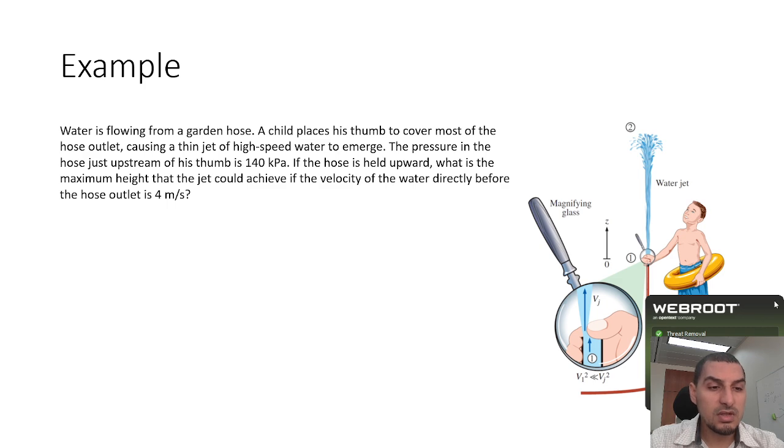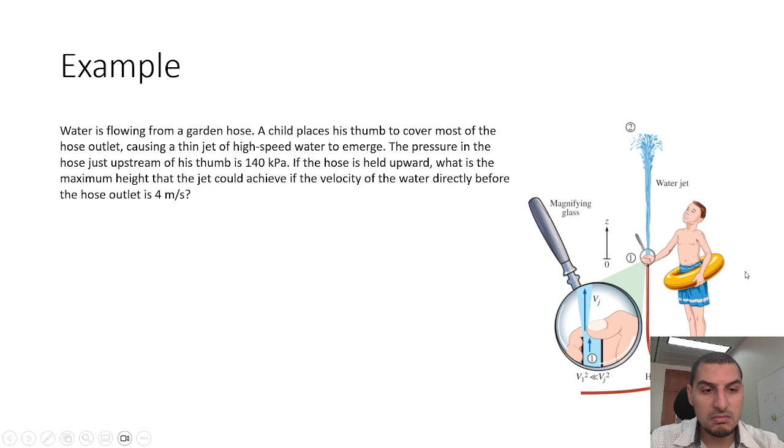One thing that we need to note about the Bernoulli equation is that we don't need to know the height of the point relative to the ground or to a specific reference point. We can set our reference point based on our information.